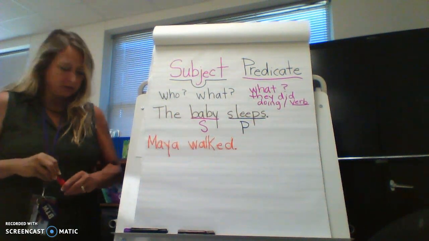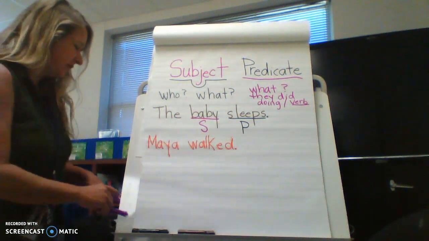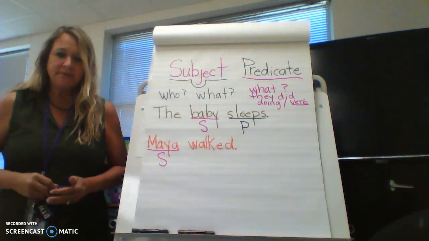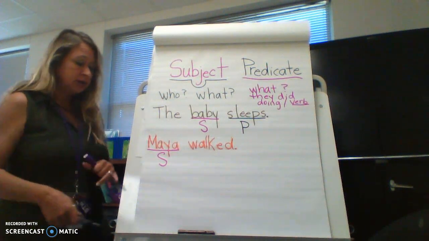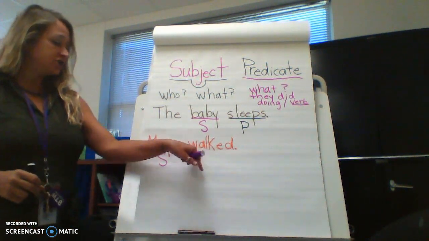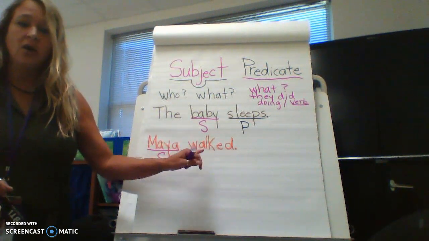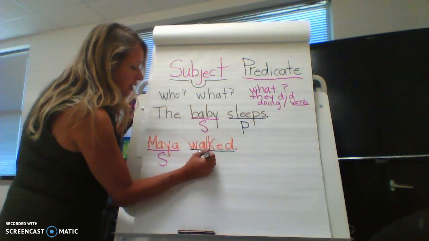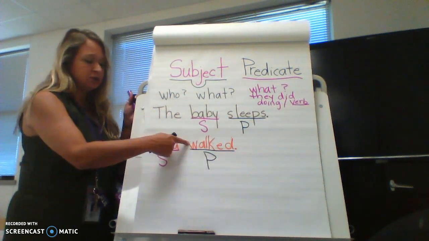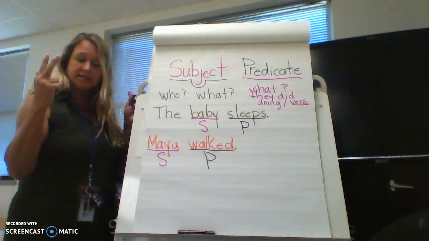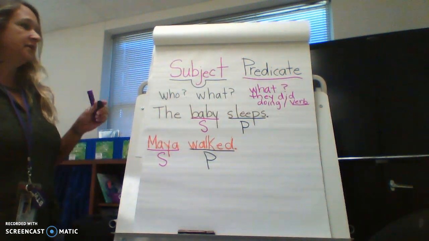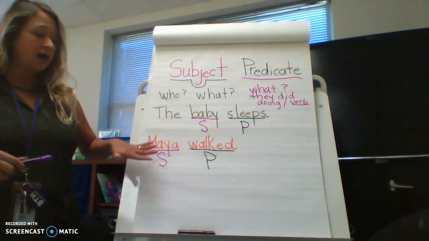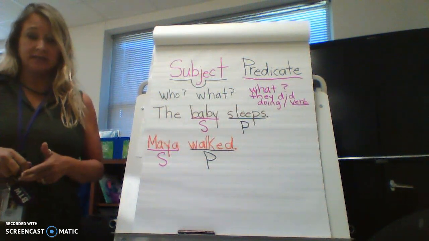Who walked? Maya. Very good. So this sentence has a subject. What did Maya do? Did Maya do something? Yes, she did. So what is our predicate? Walked. Very good. So the naming part, doing part. Two parts, you have a complete sentence. Okay? When you have a subject and a predicate, you have a complete sentence.